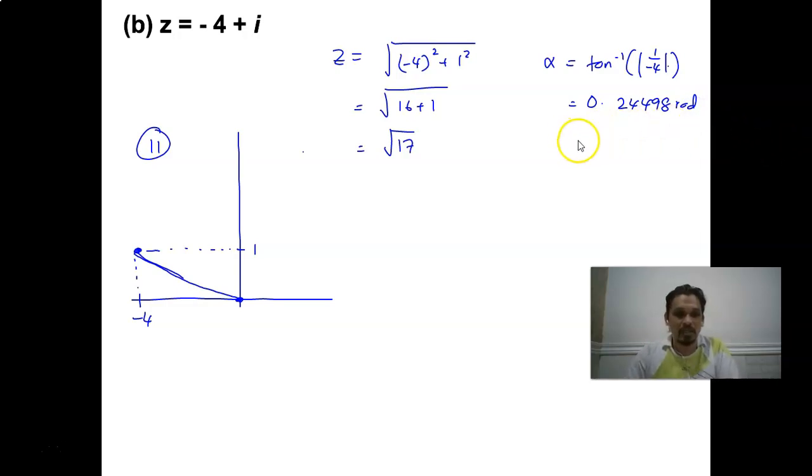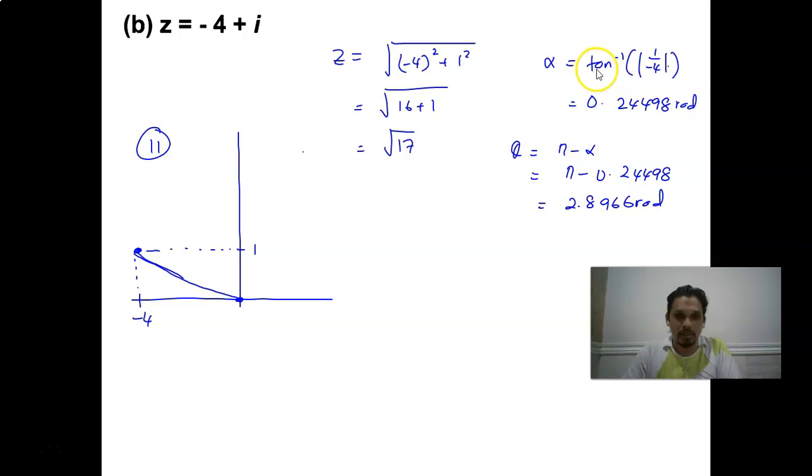Okay, it lies in the second quadrant. So then theta here equal to pi minus alpha. Okay, so which is pi minus 0.24498, equal to 2.8966 radian.